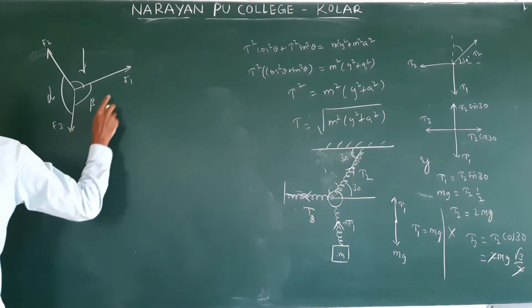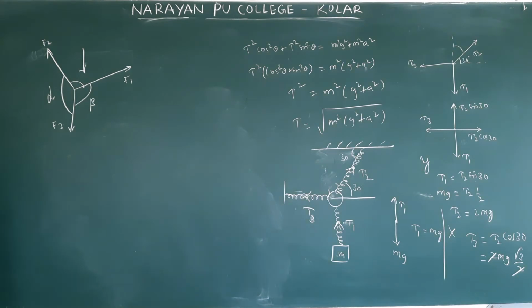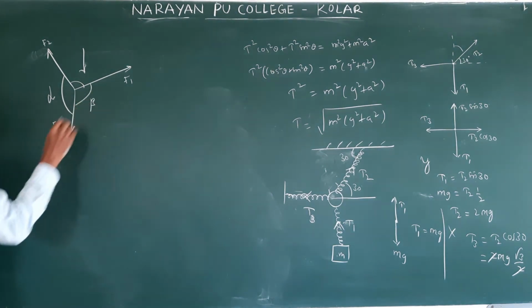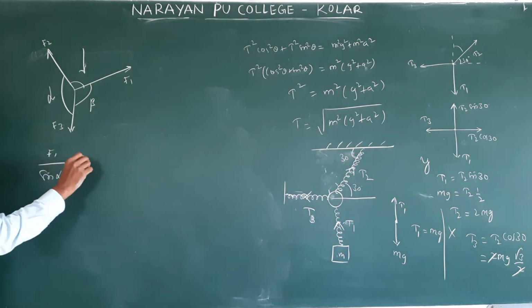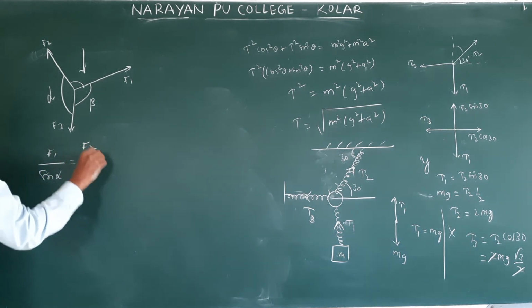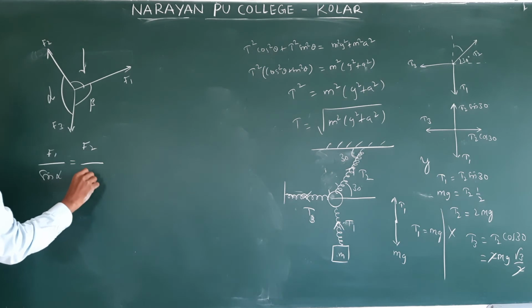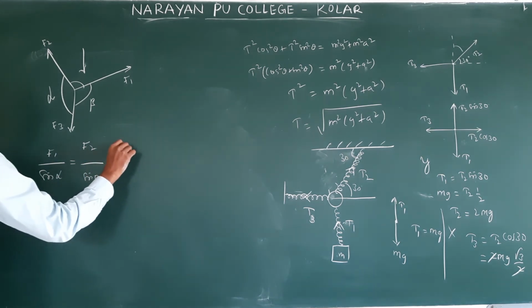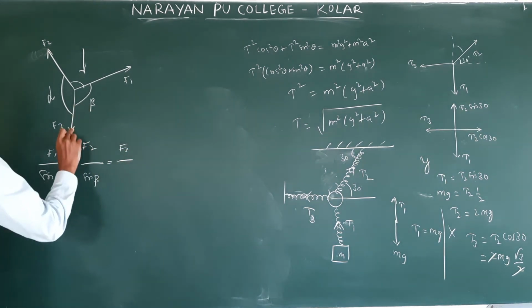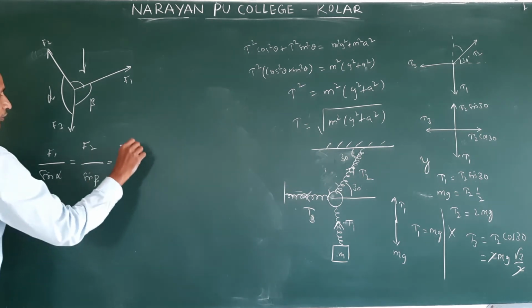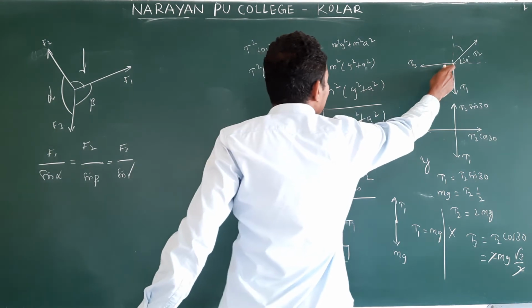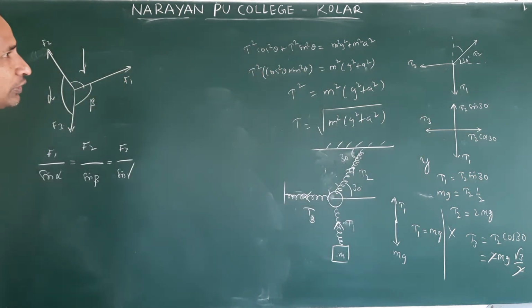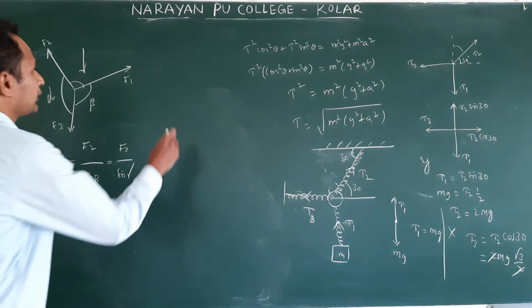Beta is the angle between f3 and f1. What is sine law saying? f1 over the opposite angle, sin alpha, is equal to f2 over its opposite, sin beta, is equal to f3 over sin gamma, like that.